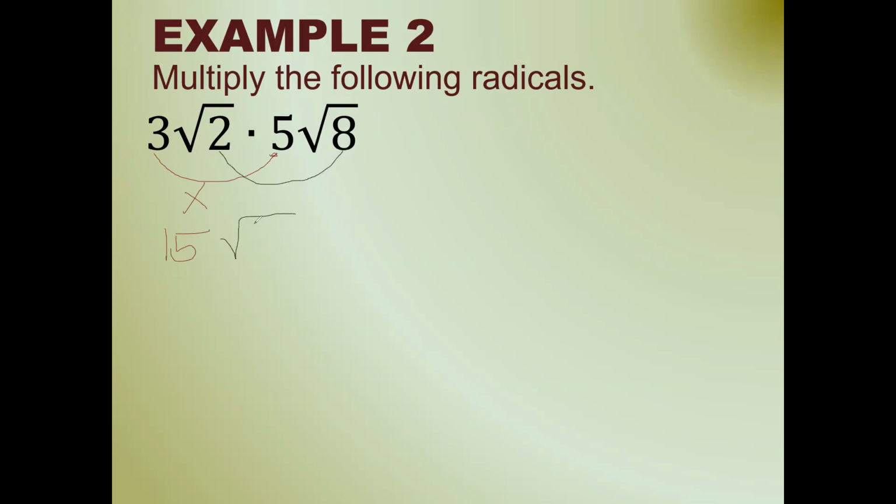So don't forget the square root, 16. And we have to simplify the resulting radicals. So square root of 16 is 4. So 15 times 4. And therefore, our final answer is 60. That is the final answer.